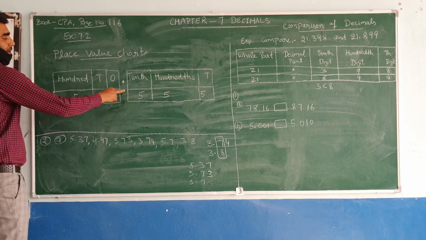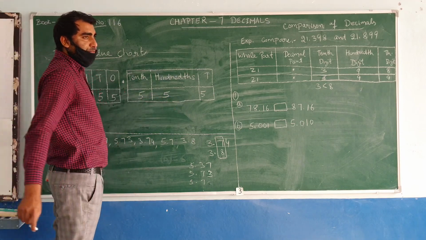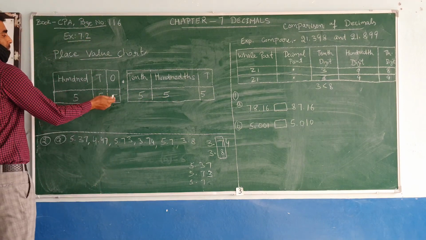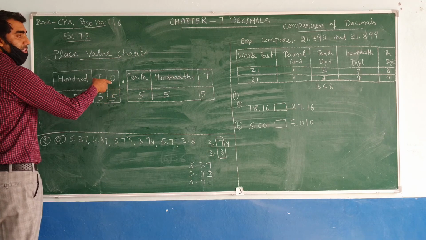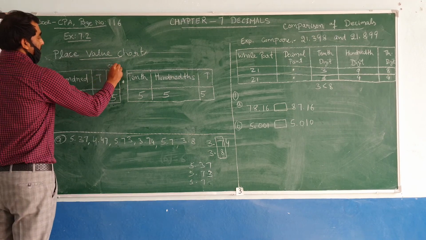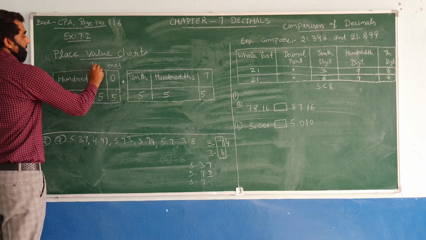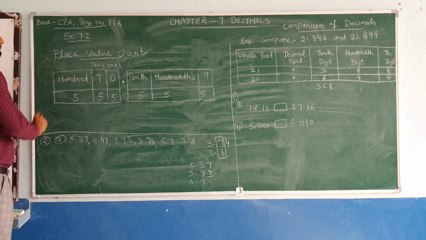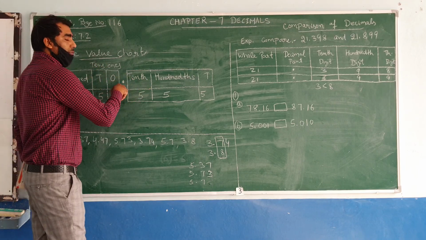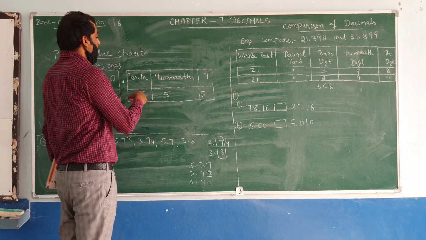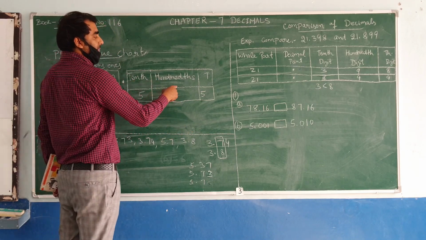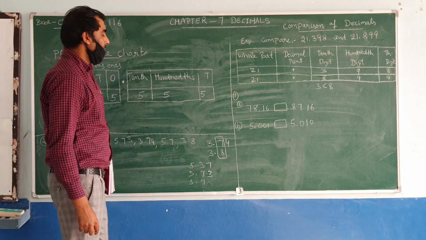Suppose 555.555. Actually, this one belongs to ones. O means ones, 10 means tens, and hundreds. After the point, on the right side, are tenths, hundredths, and thousandths.